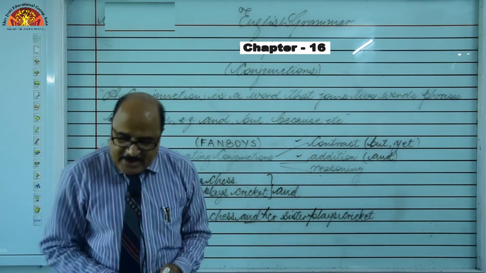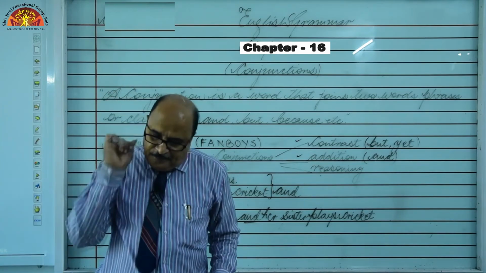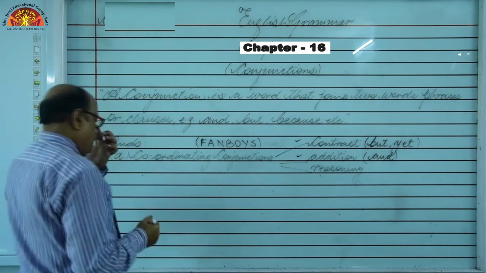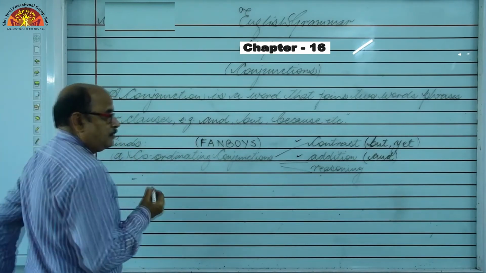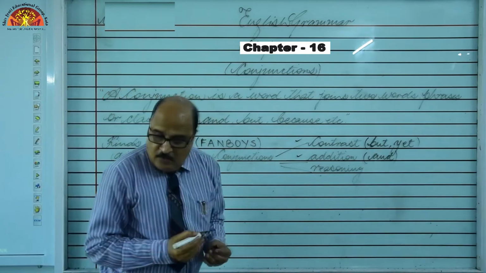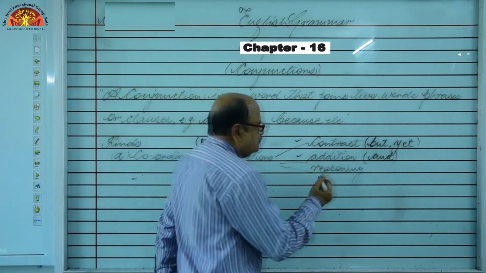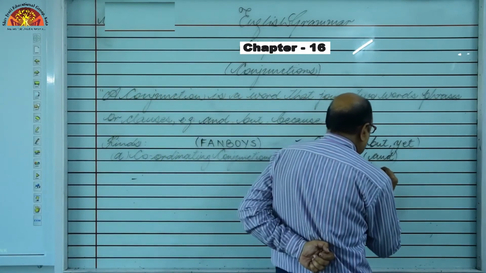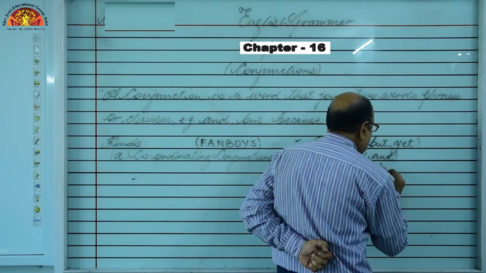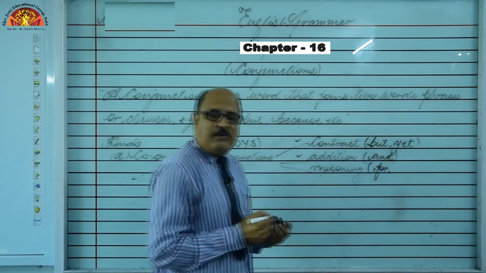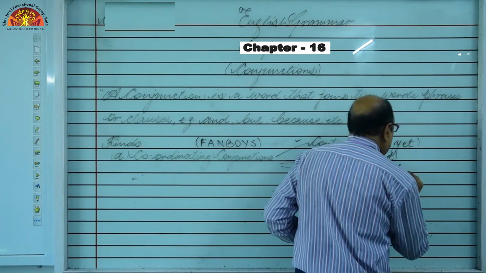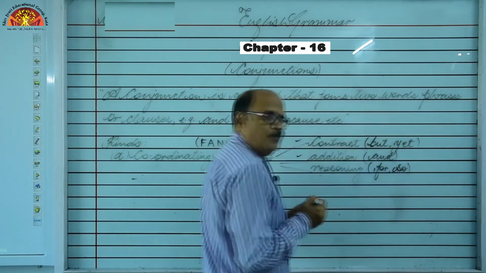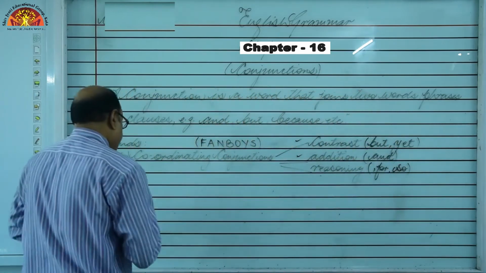Okay. Next, coordinating conjunction: for reasoning we can use comma for, right? Look here.